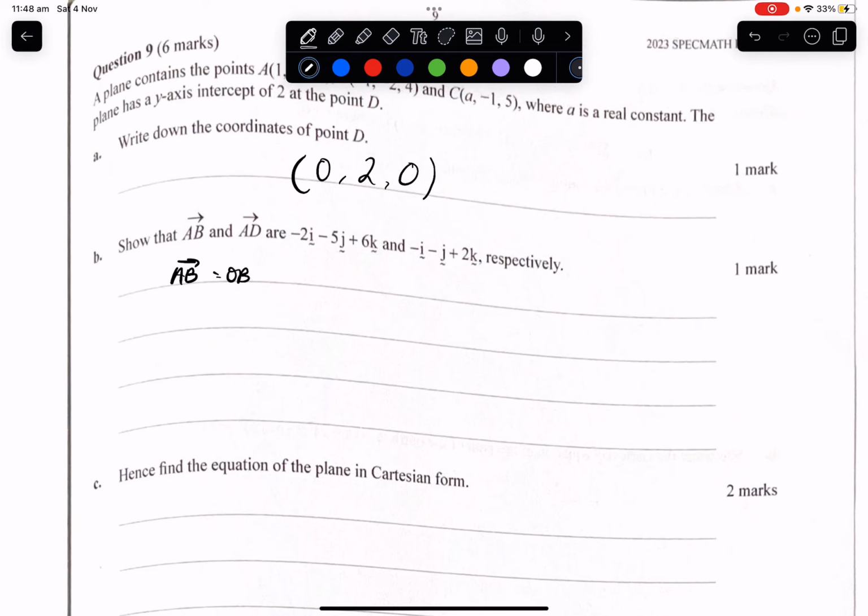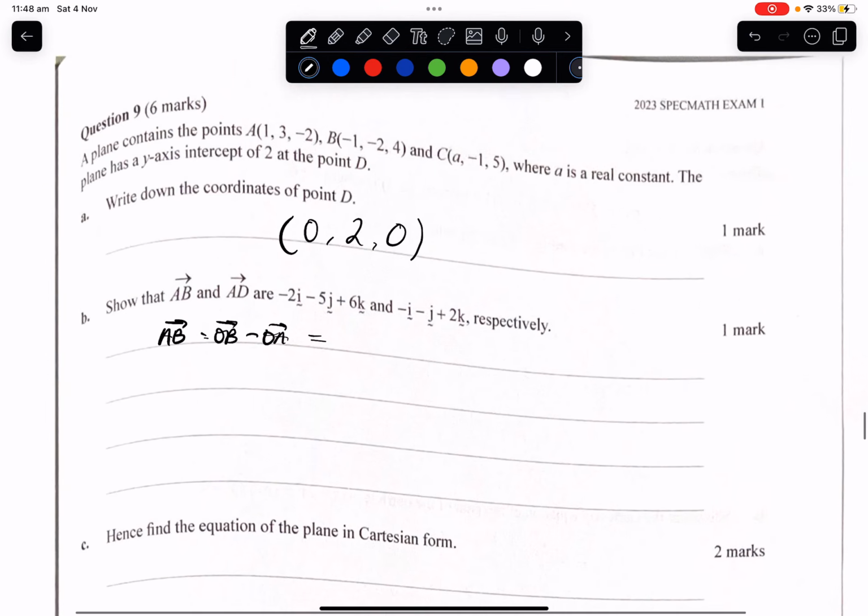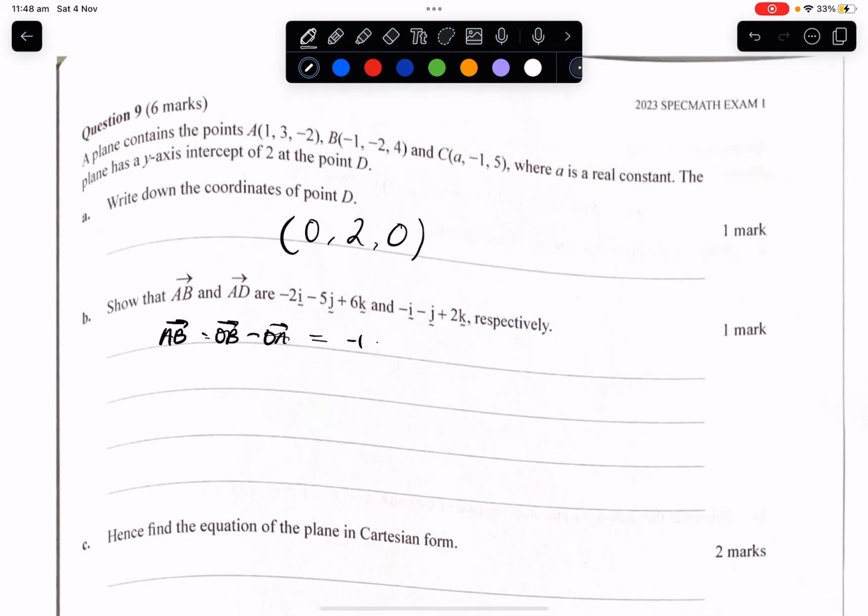AB is OB minus OA, which is (-1 minus 1) i plus (-2 minus 3) j plus (4 minus 2) k. And that's -2i minus 5j plus 6k.